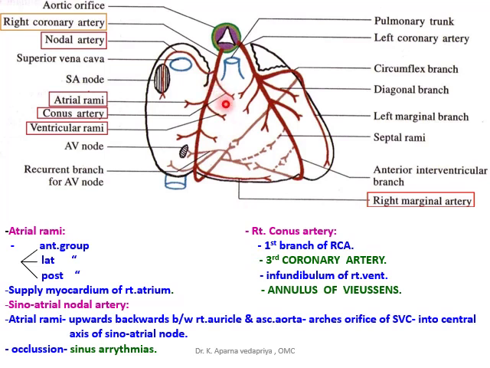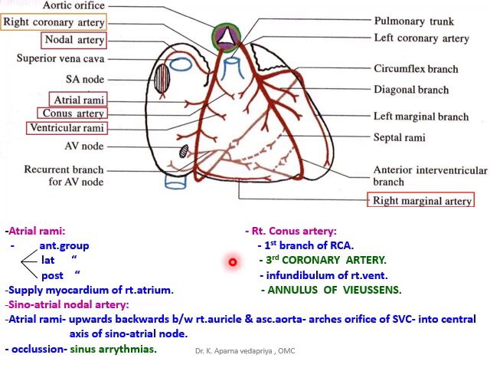And this right conus artery anastomoses with the left conus artery, which arises from the anterior interventricular branch of the left coronary artery. So there is an anastomosis between the right and left conus arteries, which supply the infundibulum of the pulmonary trunk. They form a necklace sort of anastomosis on the infundibulum of the pulmonary trunk.